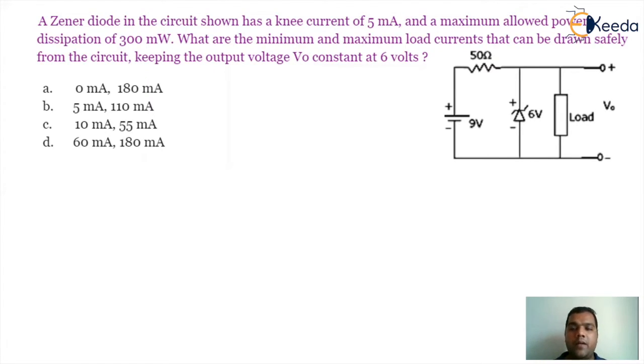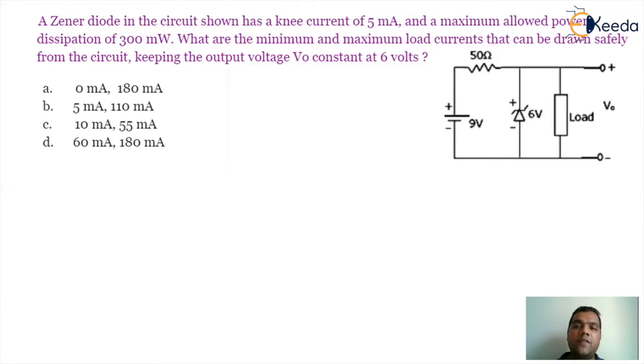A Zener diode in the circuit shown has knee current of 5 milliampere and the maximum allowed power dissipation of 300 milliwatt. What are the minimum and maximum load current that can be drawn safely from the circuitry, keeping the output voltage VO constant at 6 volt?